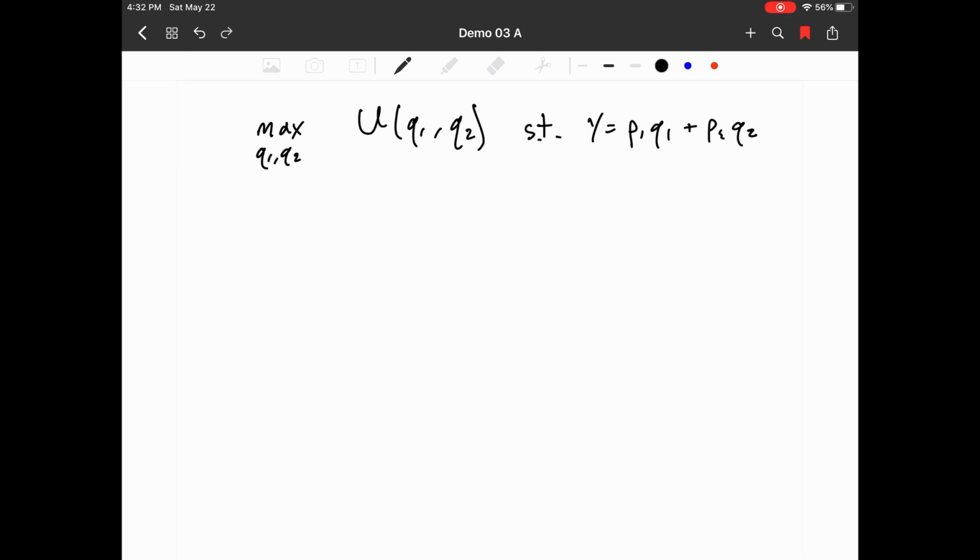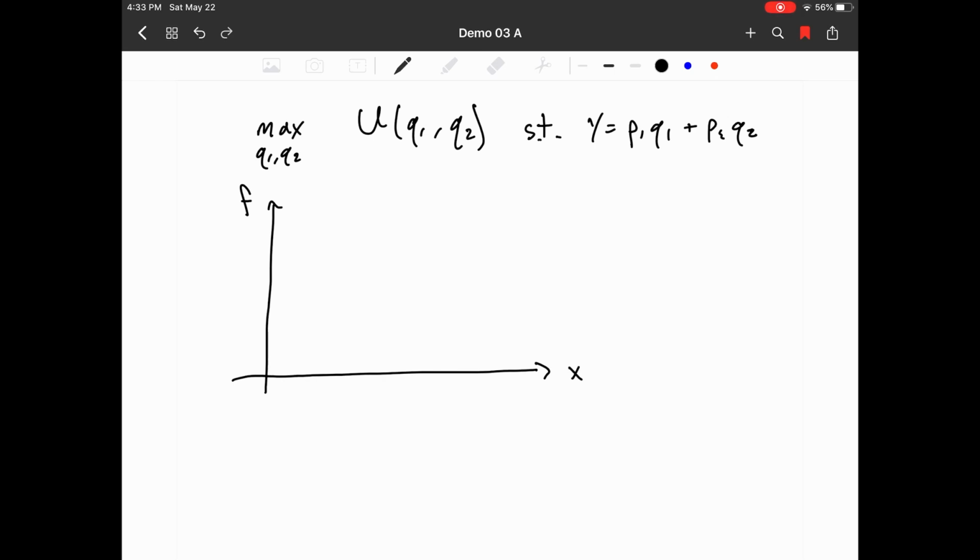So the first thing to do is to think about what's sort of going on generally with maximization problems, and then we'll come back to the specifics. So as we talked about in lecture on Thursday, you can sort of think of two dimensions here, and obviously we have more than two dimensions.